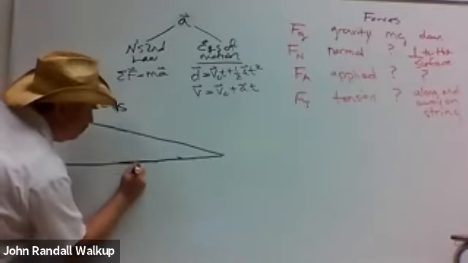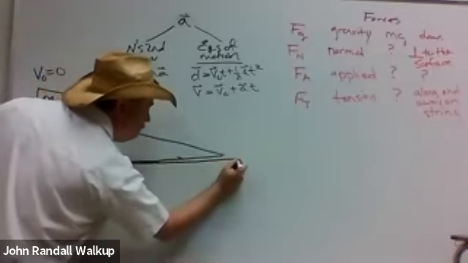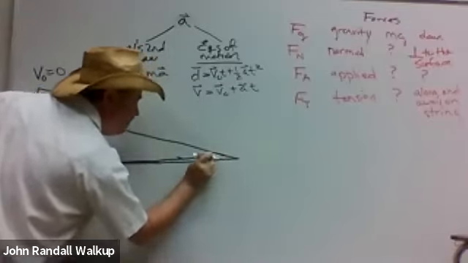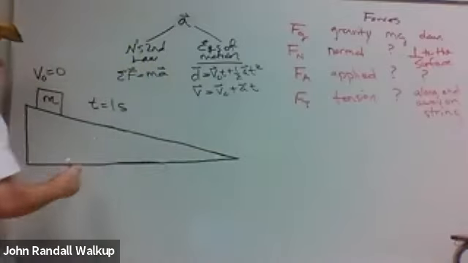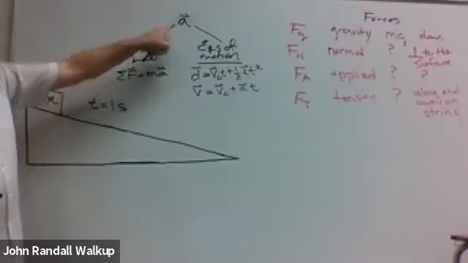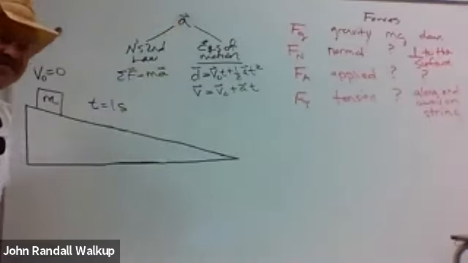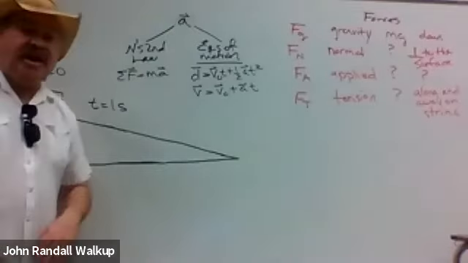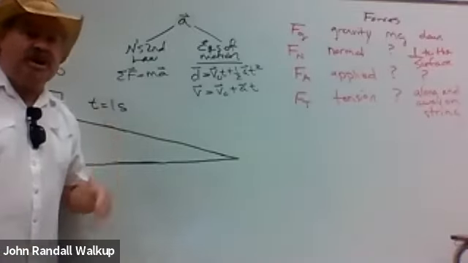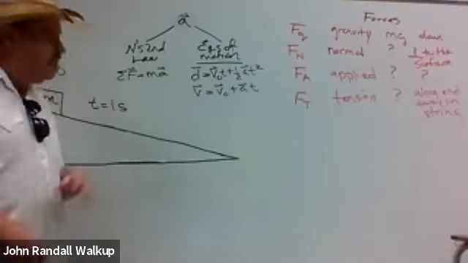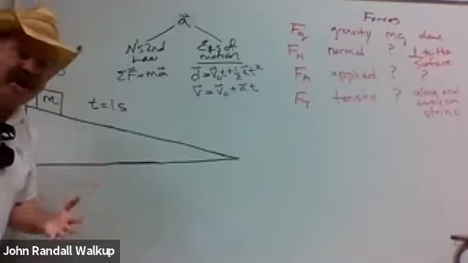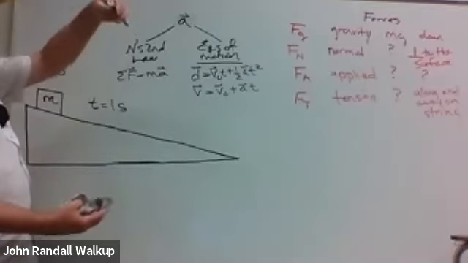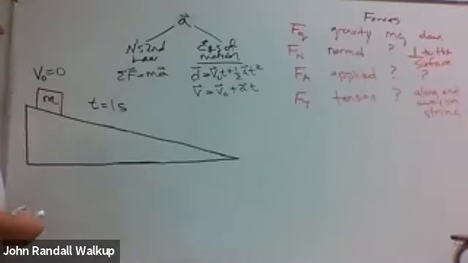What's that one physical property that we must find somehow? The acceleration. A lot of students will say, well, it's 9.8 meters per second squared. No, this body is not in free fall. There are other forces acting on it other than gravity. This is free fall. This is not. So do not assume anything about the acceleration.